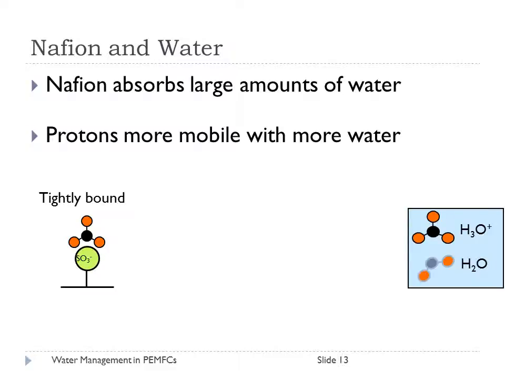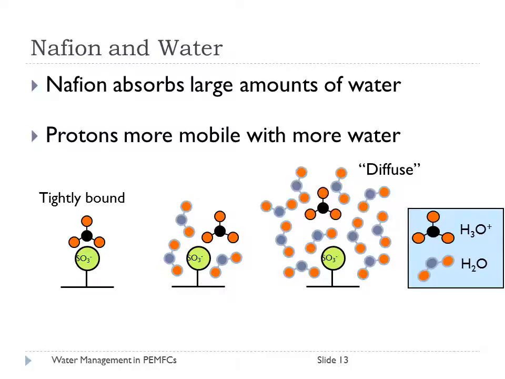But what happens as you start increasing the amount of water is that you now have a proton on a water that is more free to move around, and eventually you get to the point where that proton is fully free to move about. This is what we mean by the conductivity increases as you hydrate the membrane. You eventually get to a point where a proton is fully free to diffuse around.